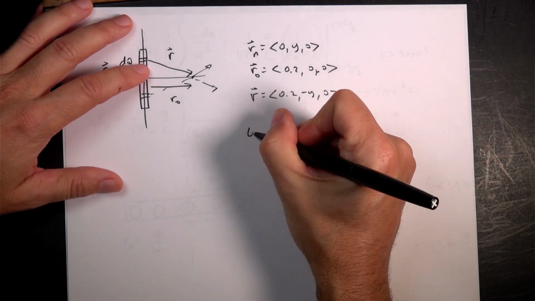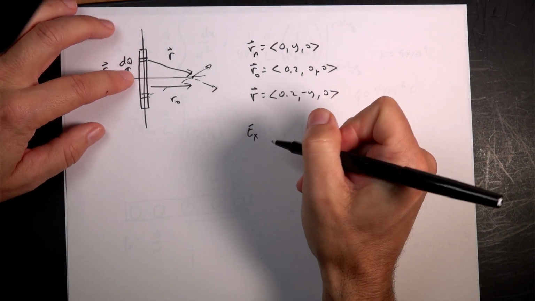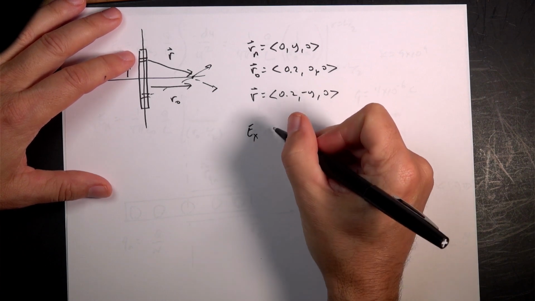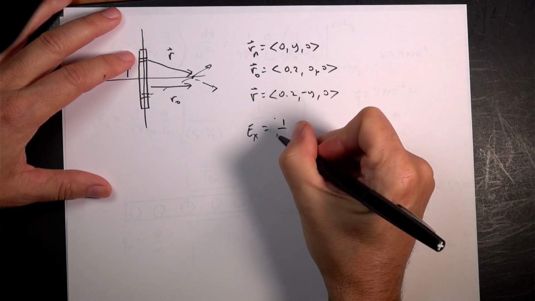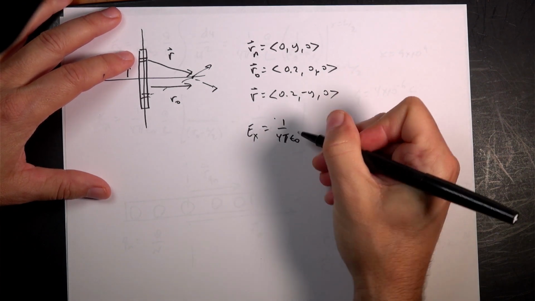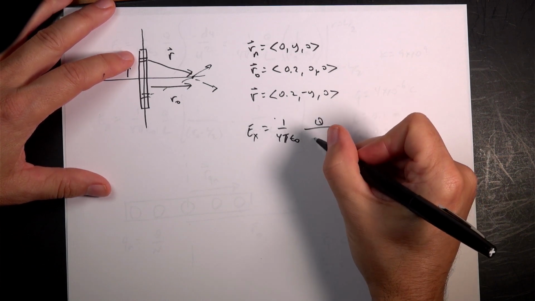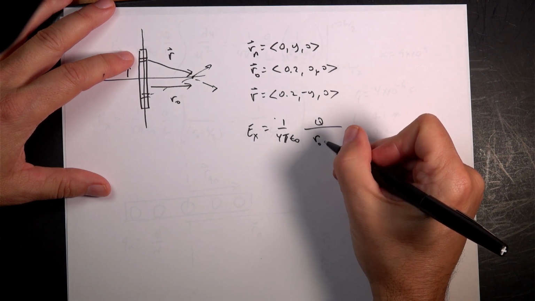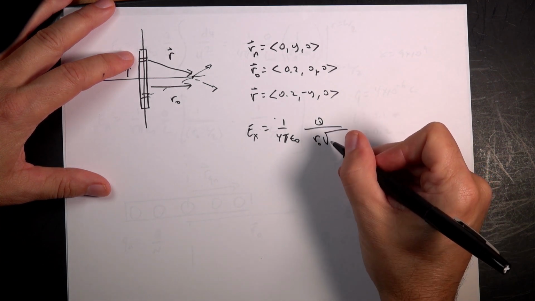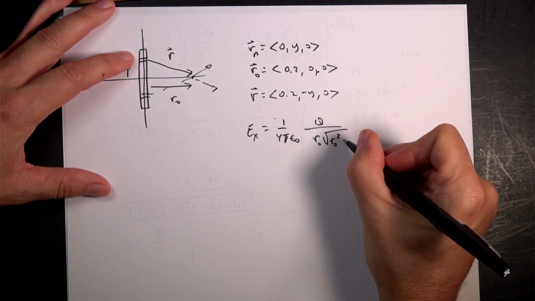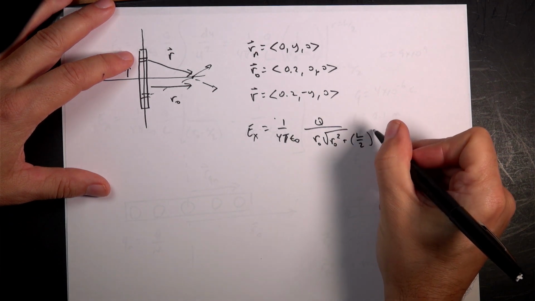The x component, Ex, if it's that way, is going to be equal to 1 over 4 pi epsilon naught, if you set this integral up, Q over r_o times the square root of r_o squared plus (L over 2) quantity squared.